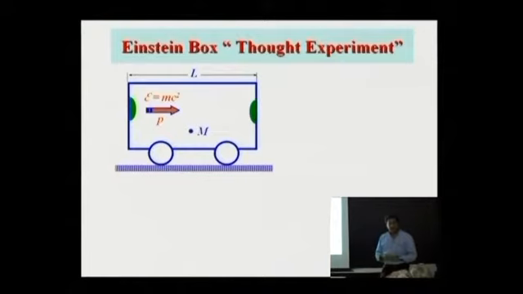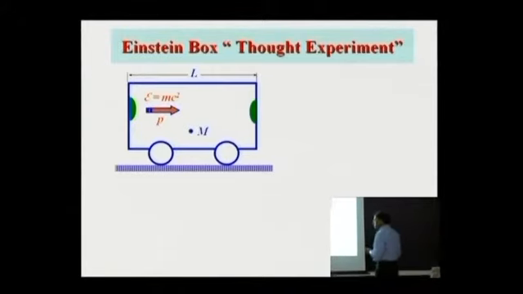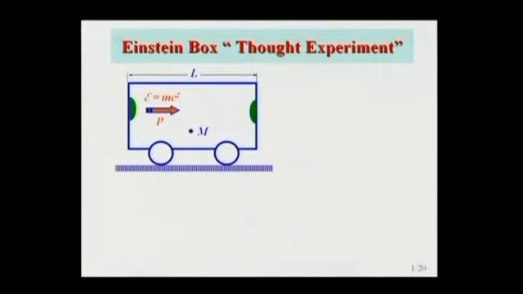This is a thought experiment due to Albert Einstein in the early 1900s. He said, suppose we have an empty box sitting on a frictionless rail, and we have a blob of material on the left-hand side, and at some point in time, a pulse of light gets out of this.